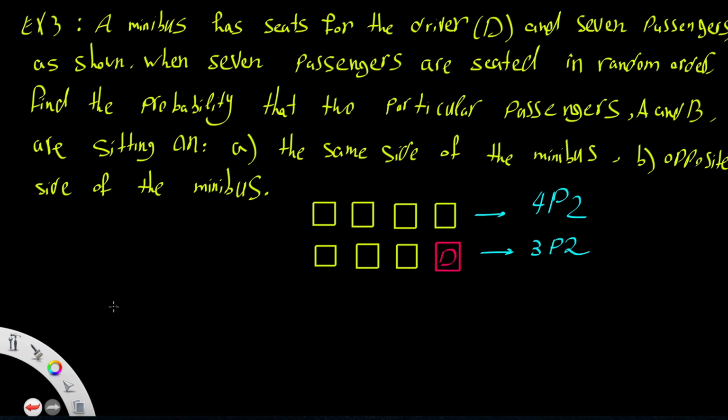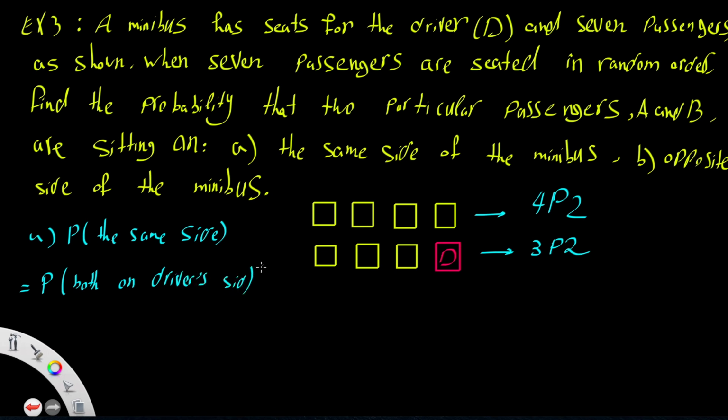Now for part A, as it says probability of the same side, it will be probability of both on the driver's side or both sitting on the opposite side of the driver.